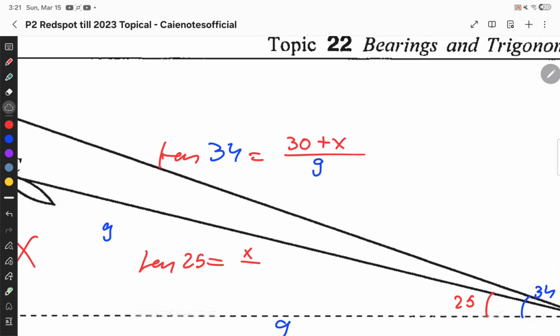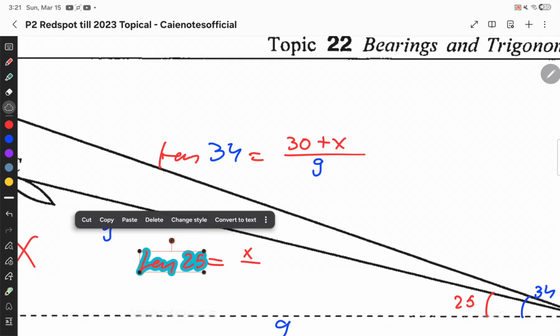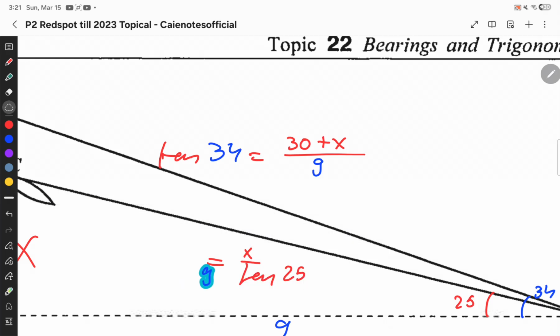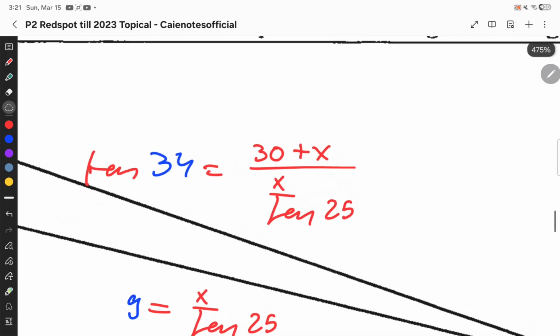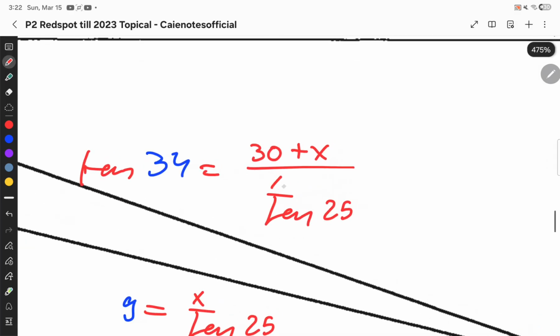So we can solve for G like so. Then we plug G into this upper equation. Copy, paste. Nice.